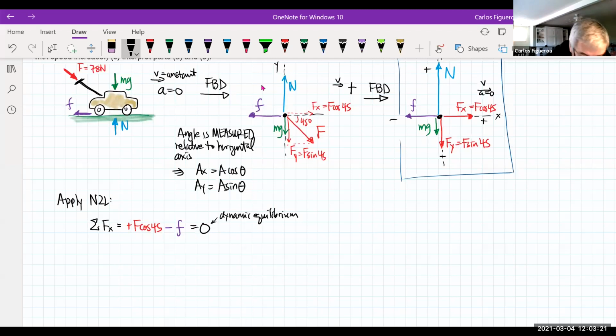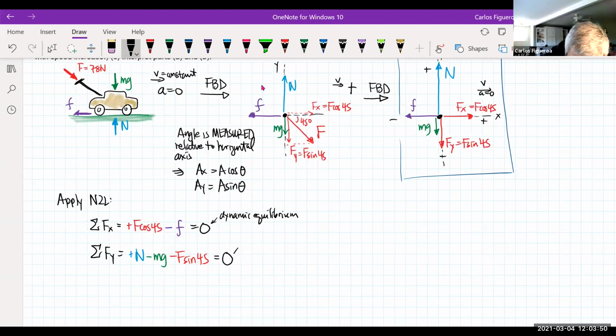And then I go to the y's. The forces in the y. I see that my normal is positive, so I give it the positive sign. And then I see that the other two forces are pointed in the negative, so I have to put in my negative signs for these. And then, is this thing accelerating?